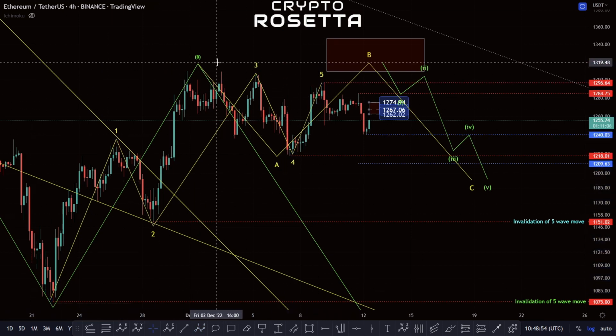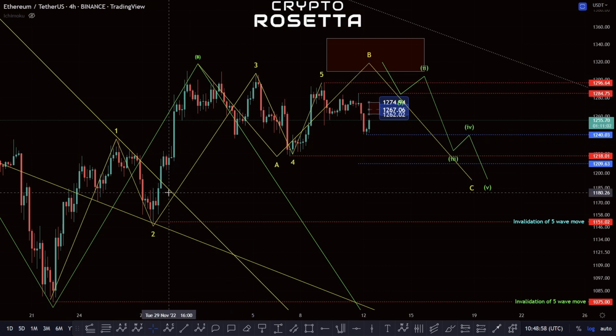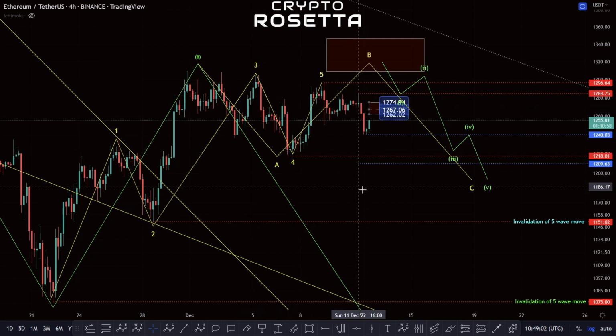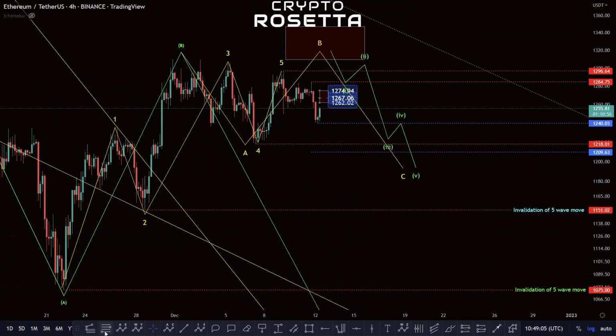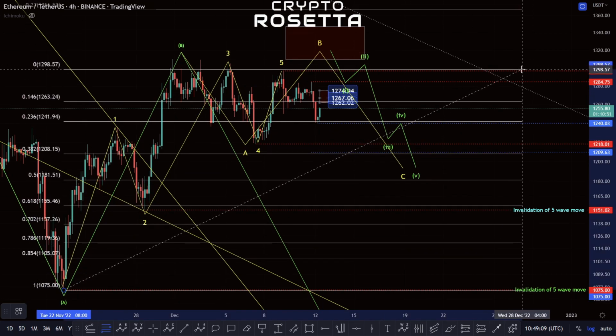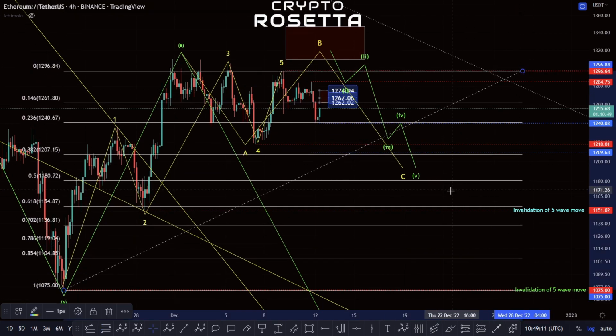So it is possible that we've got some kind of a diagonal within this move, and that would be looking at the fact that this could then retrace down to that support zone that we had previously mapped out. Like I said, I don't really like the structure of it. You can argue that it's there, so it's just something I'm keeping an eye on.